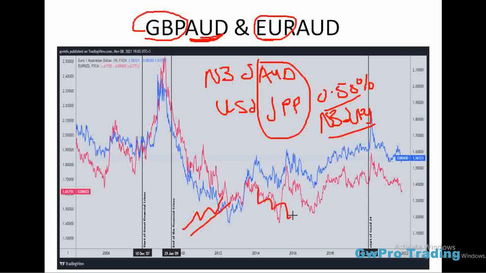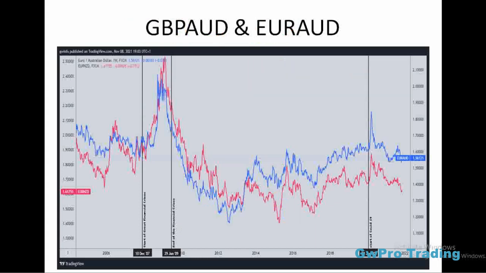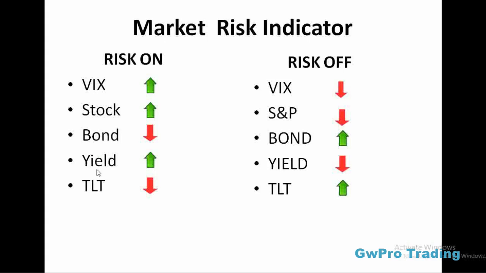If this is going down, this is risk off market mode, and you can expect that GBP and euro will follow the same. This makes sense? So when you're looking at the Forex market, you can be able to identify what is happening by looking at these indicators.